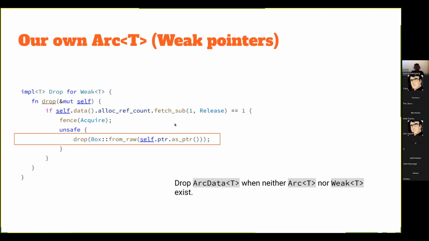Note here self.ptr means the ArcData pointer itself. We create a Box from that pointer, and then we drop it, which deallocates the heap allocation. Everything else remains here, with the fence and the memory ordering, exactly like before. No change in there.